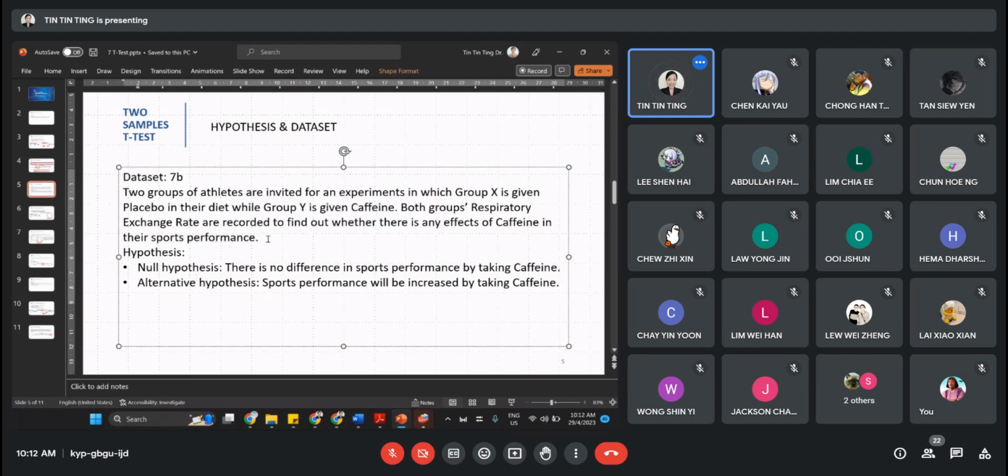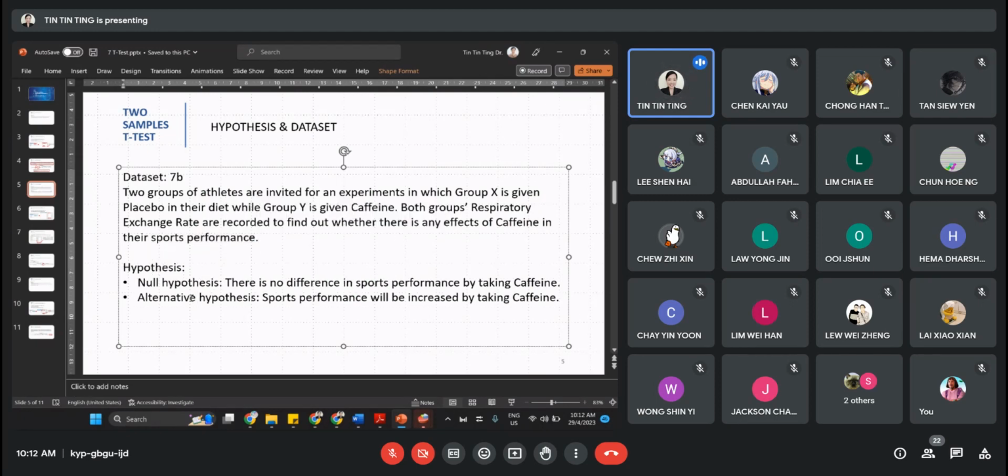The alternate hypothesis is that sport performance will be increased by taking caffeine. So you're comparing 2 groups, those who take caffeine and those who don't, 2 samples.